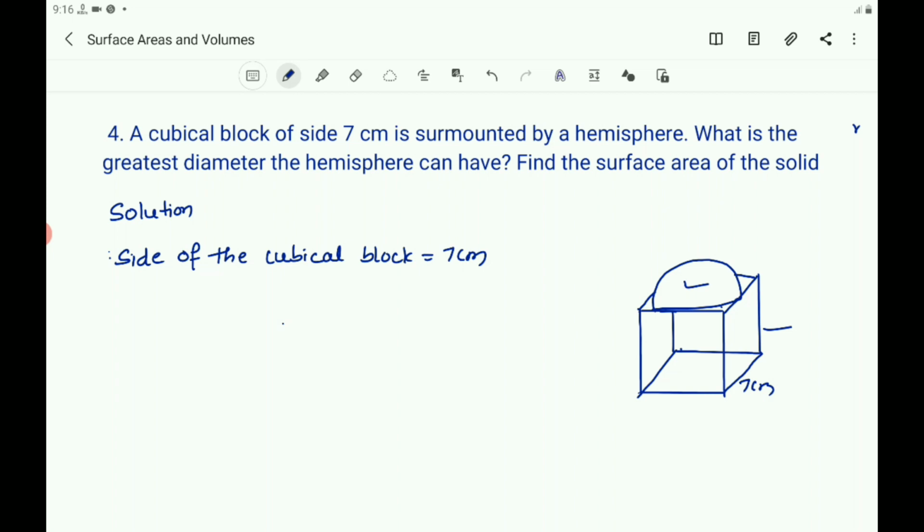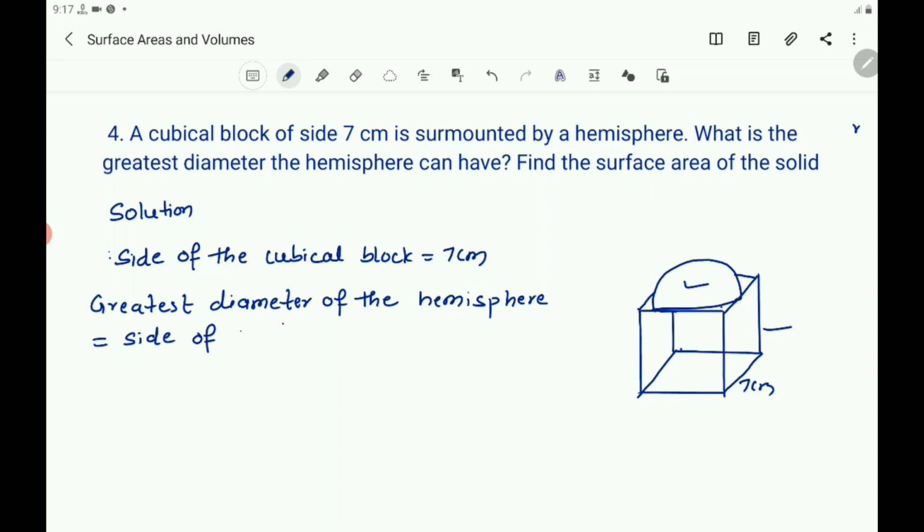You write that: greatest diameter of the hemisphere equals side of the cubical block, that equals 7 cm.